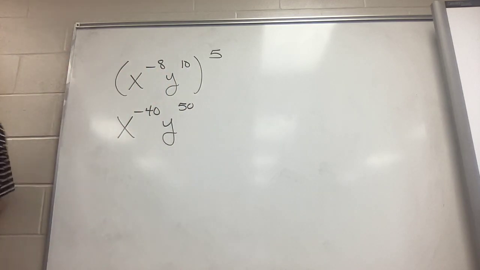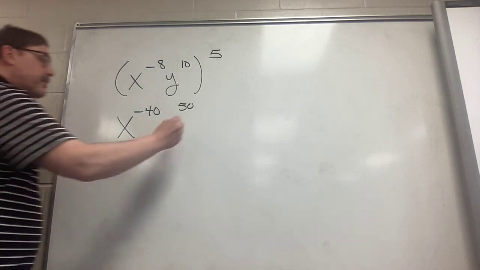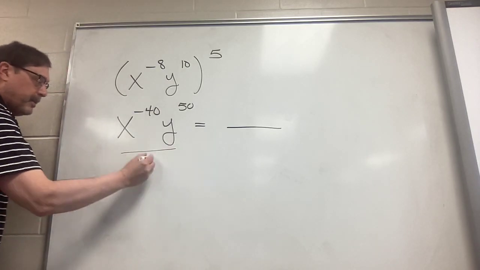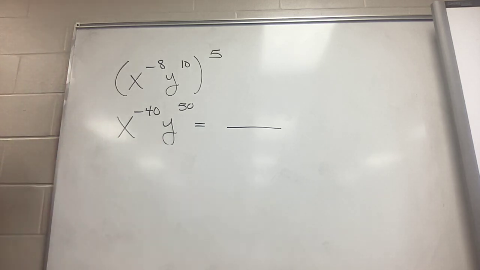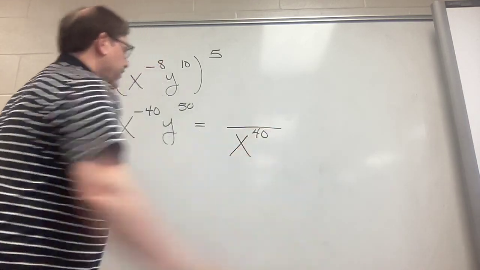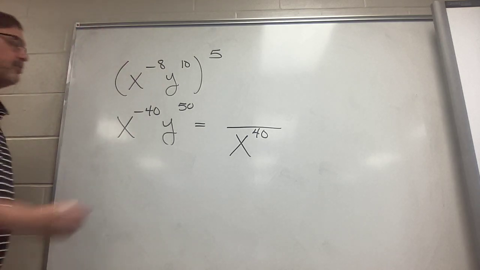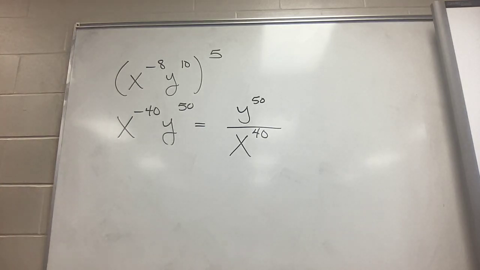Just multiply my exponents. It's a rule we'll want to remember. Then the answer is not acceptable with a negative exponent. So if we remember, these are all over a 1 that we usually don't write down. And x to the negative 40 has a negative attitude. If it goes to the bottom, it becomes x to the 40, positive 40. These are on top, y to the 50 is happy where it is. It stays there, and that's how we would answer that.